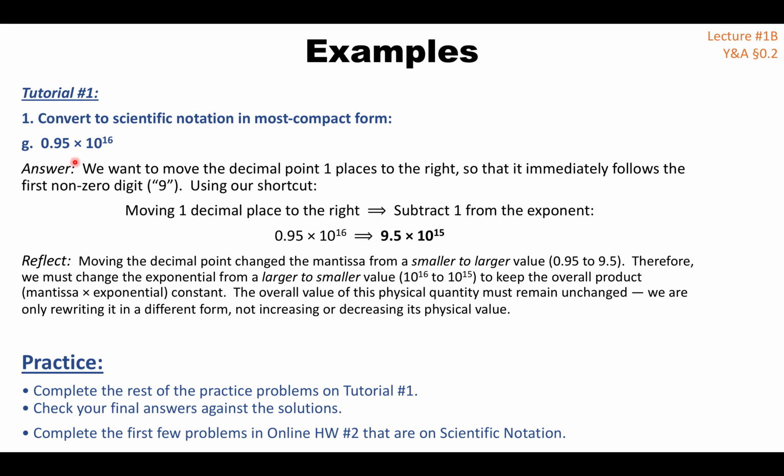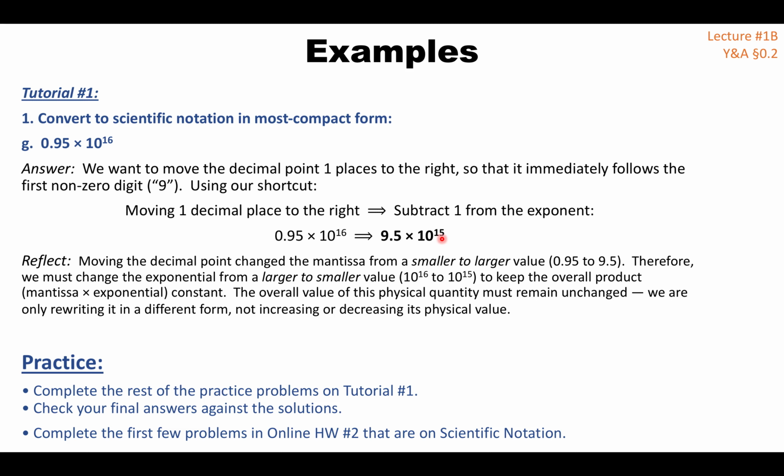Instead, we remember that the conventional rule is for the decimal point to be moved to the right of the first non-zero digit. So we see by inspection that that's just to the right of the 9. So I want to move the decimal point 1 place to the right, and I remember from my shortcut rule that means I need to subtract 1 from the exponent. So I do that, or add -1 if you wish.